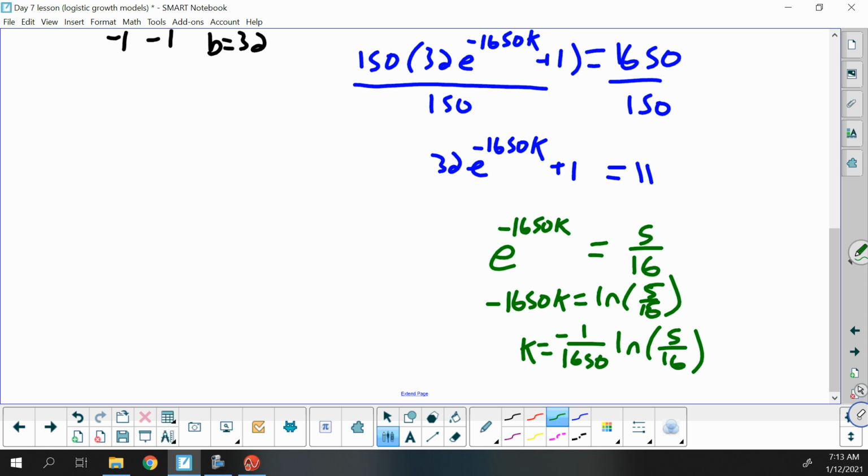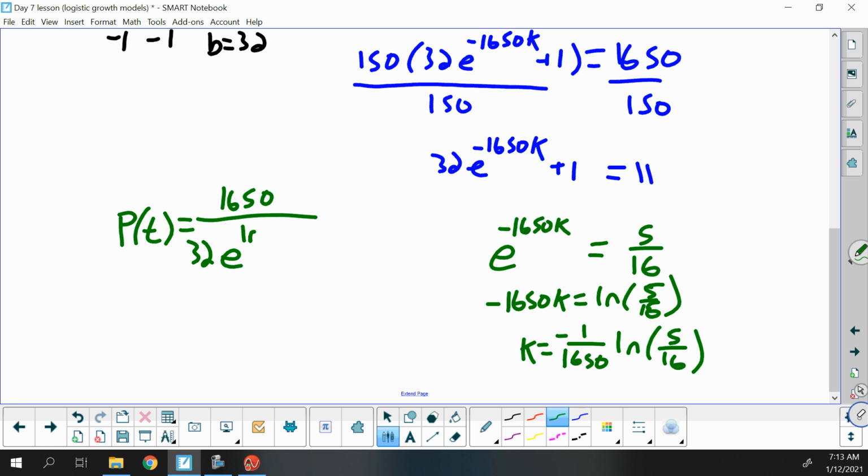So putting it all together, our P of t equation, our carrying capacity was 1650. Our little b value was 32. We have e. Now, when we do minus our carrying capacity, so minus 1650, times our k and then t, the minuses end up wiping each other out. The 1650 times the 1 over 1650 are going to wipe each other out.